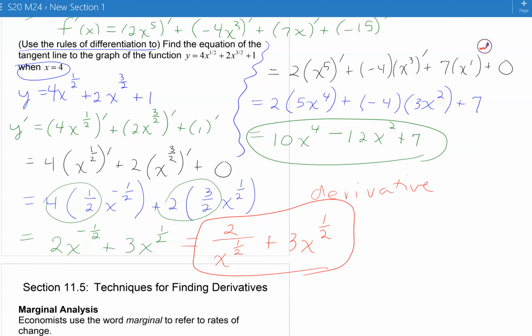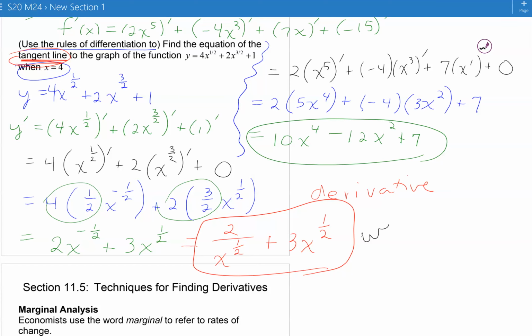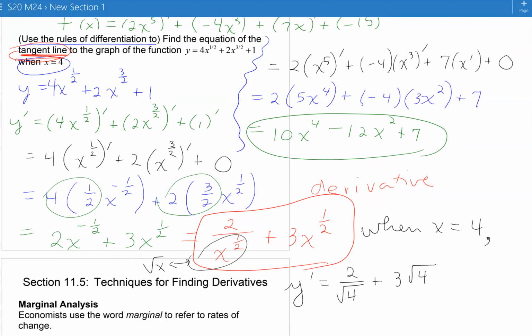Well, if I want to find the slope of the tangent line, remember that the derivative can tell me that when x equals 4, y prime equals 2 over the square root of 4 plus 3 times the square root of 4, remembering that x to the 1/2 and square root of x mean the same thing.